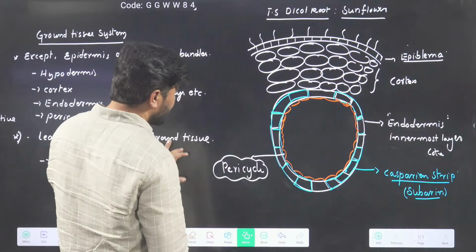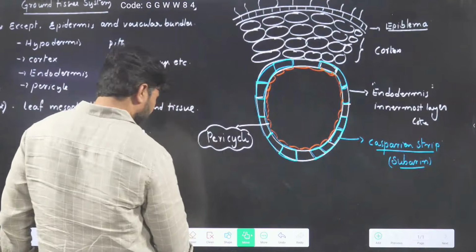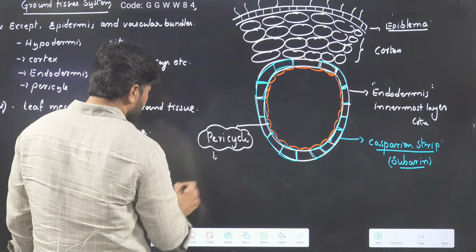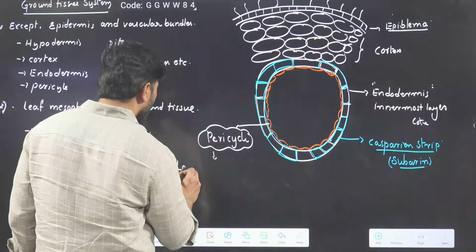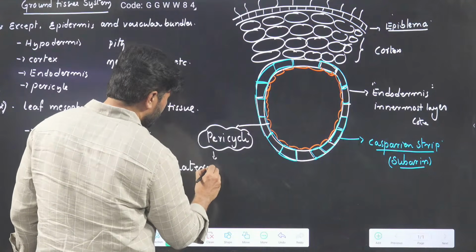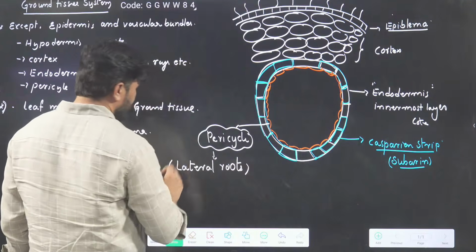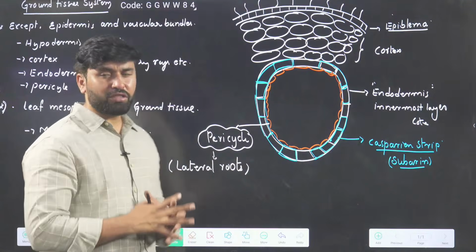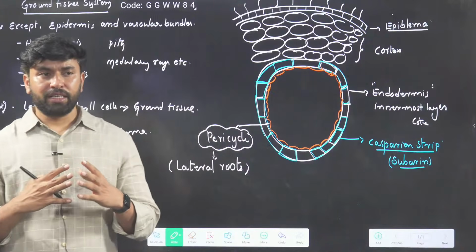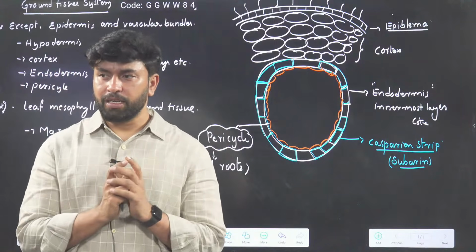Then what is the significance of the pericycle? Pericycle is very important. It is responsible for formation of lateral roots. This is a very touchable thing in anatomical features.